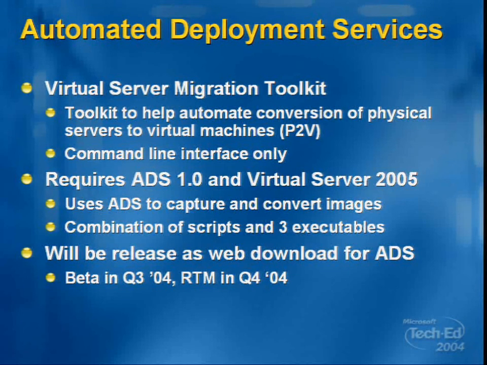It just has to contact the COM API, racks a new virtual machine, and then takes that ADS image and applies it to the virtual machine. It restarts it, applies patches, and fixes up the HAL if it needs to. You may be going from a dual processor NT4 box with 300 megahertz processors to a single processor VM, so we change the HAL and do the device driver fix-ups, all those kinds of things for you.